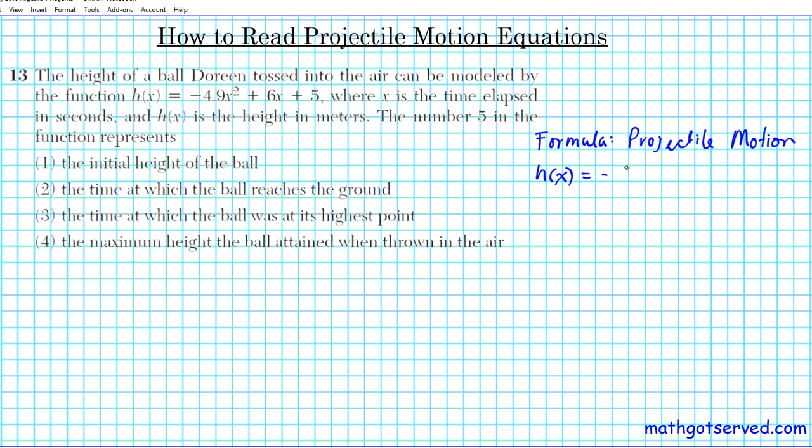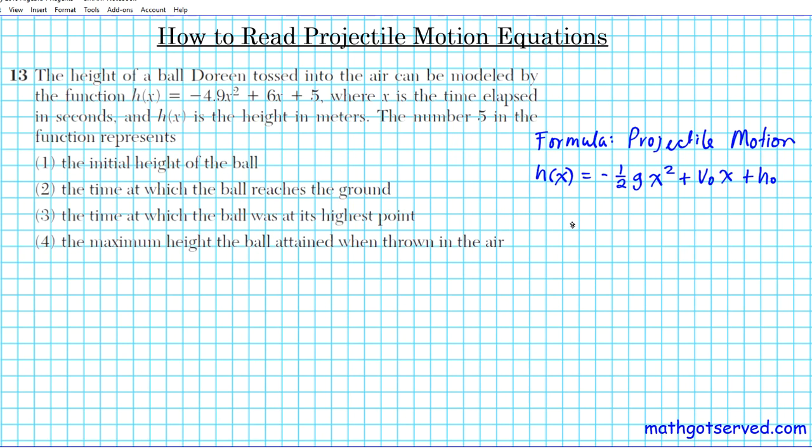negative 1/2 g x squared plus v sub 0 x plus h sub 0. Now, what do the different variables here mean?